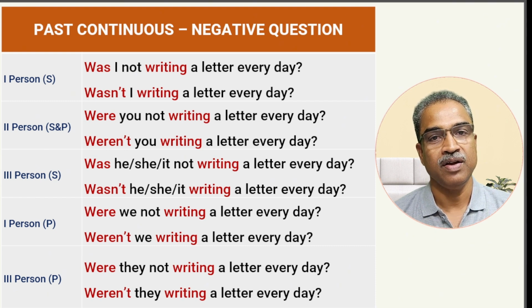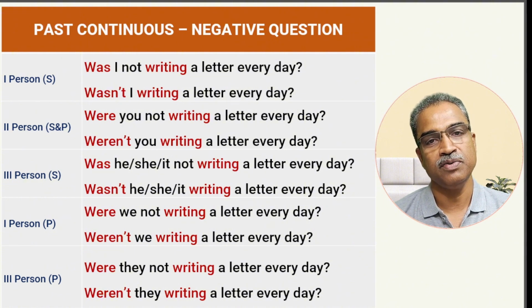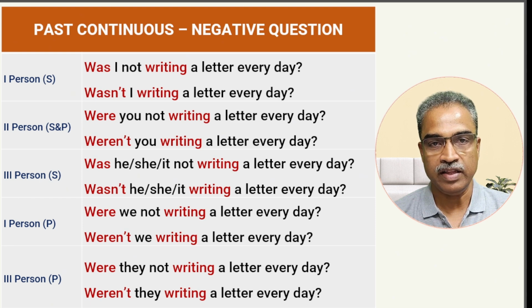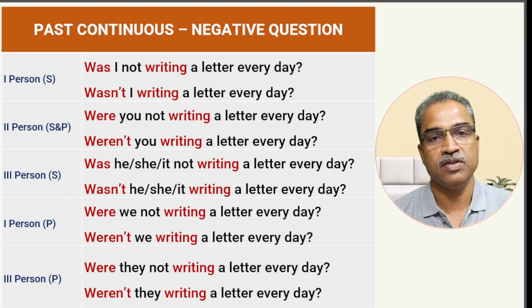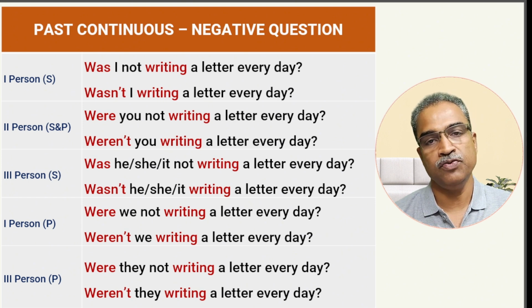So it's simple. Once you know one tense, for example, first we learned present continuous, the pattern is similar for present continuous and past continuous, and it will be the same for the next tense that we will be learning, that is future continuous tense as well. The only thing the students learning tenses must remember is the question format you already know.